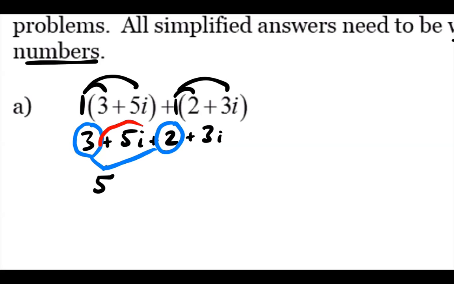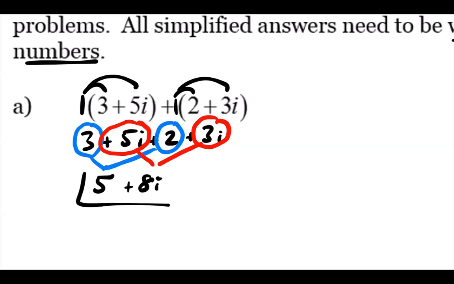Imaginary comes second. 8i. Done. So if I asked you what was the real part, you'd say 5. If I asked you what was the imaginary part, you'd say 8i, right? That's our answer. As long as at the end you can tell me what the real part is and what the imaginary part is, you're done.